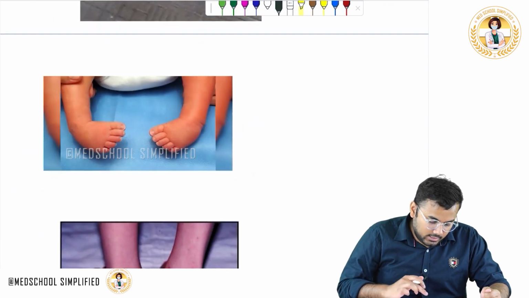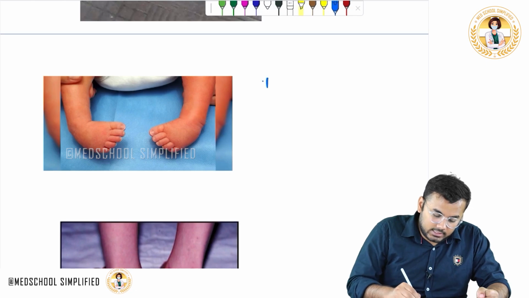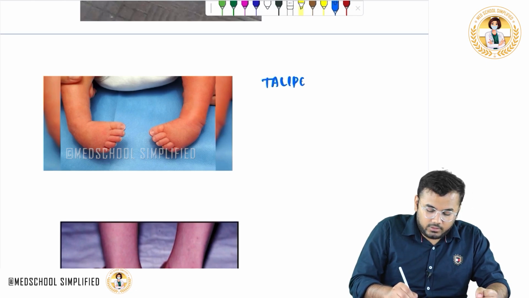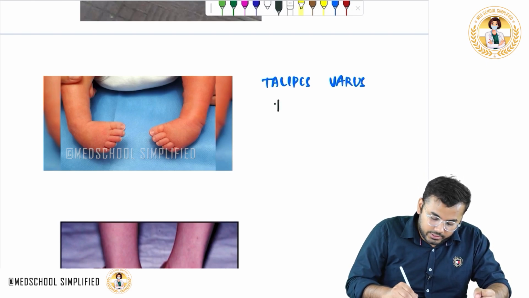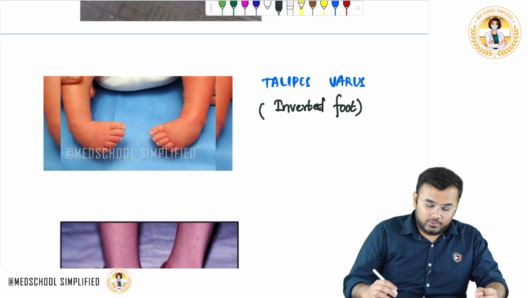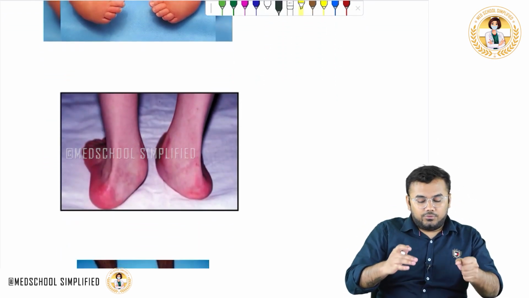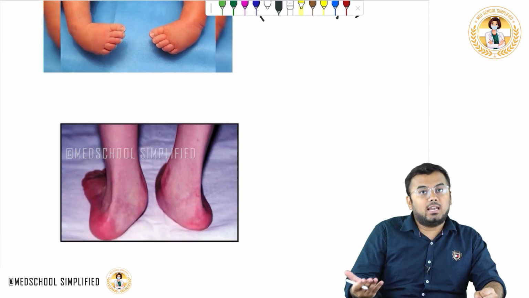Next, in this, both feet are inverted inside, right? So this is called talipes varus. Talipes varus is also called your inverted foot. And next here, the feet are everted. The opposite of talipes varus is valgus, right?